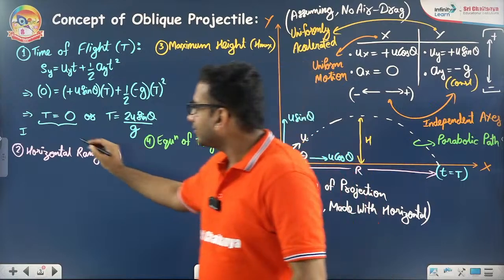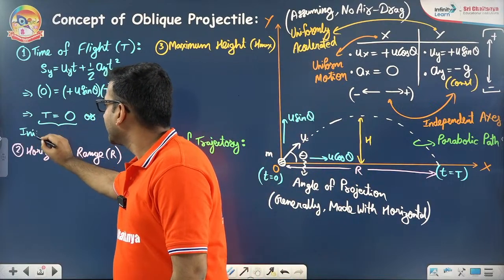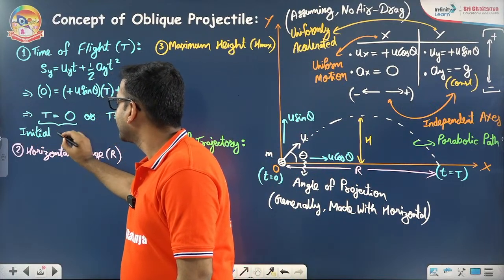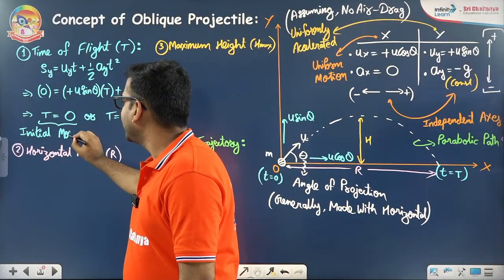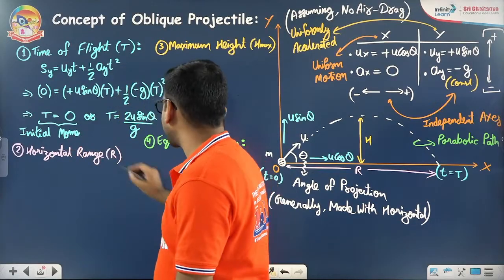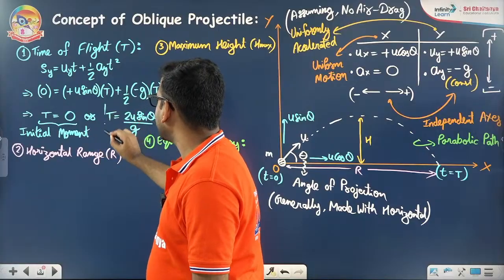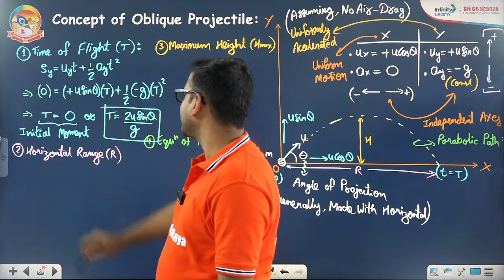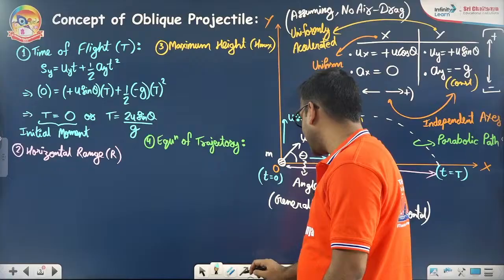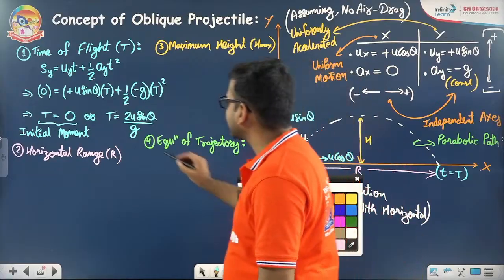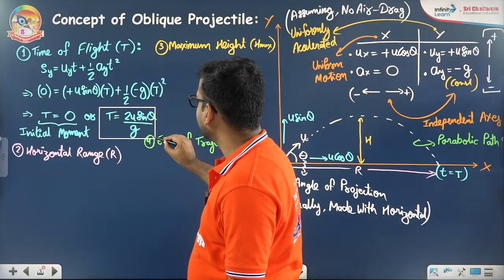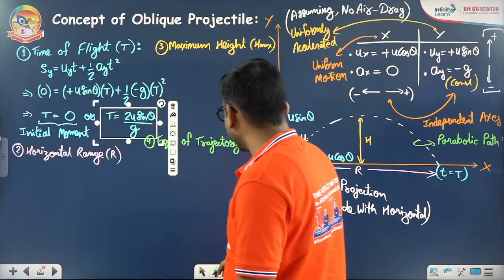The initial moment, or you can say the initial point, is this, and T equal to 2u sine theta by g is basically representing the time of flight.